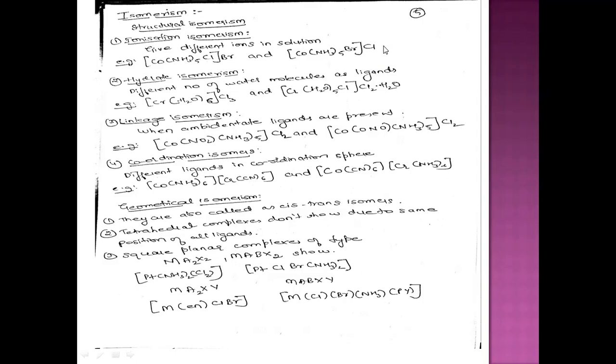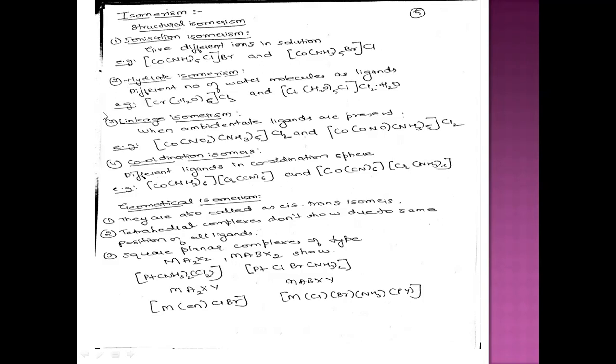In other words, the ions present in the ionic sphere are different compared to the coordination sphere in these 2 compounds. Those isomers are said to be ionization isomers. After ionization, the ion coming out is different in both compounds, whereas the molecular formula is the same. That is ionization isomerism.